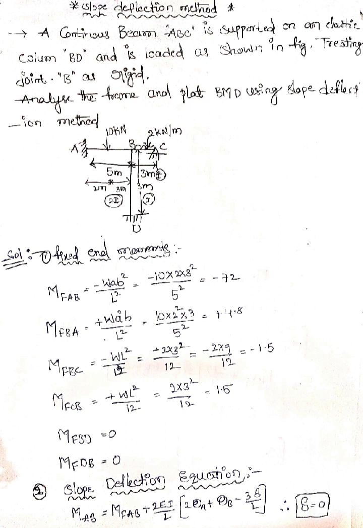MAB equals MFAB plus 2EI by L times 2 theta A plus theta B minus 3 delta by L. Here, as there is no sway, this frame is a non-sway frame, so delta will be equal to 0. For non-sway problems, delta will be equal to 0. But theta A here is 0, theta B is unknown, and theta C is also unknown.